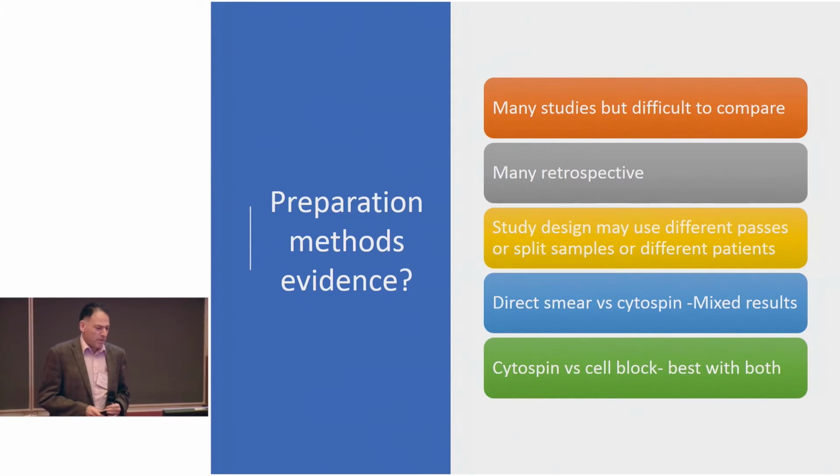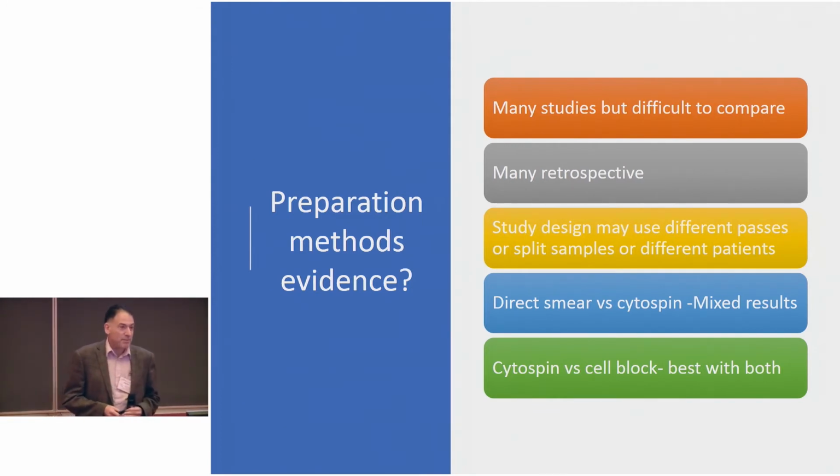So looking at the evidence for preparation, again, many studies, but very difficult to compare. Many are retrospective, and you can either do it by splitting the sample and using some of the sample for one method and part of the sample for another, or use different patients, some of the patients getting one method and other patients getting another method, or you do different passes for different methods on the same patient.